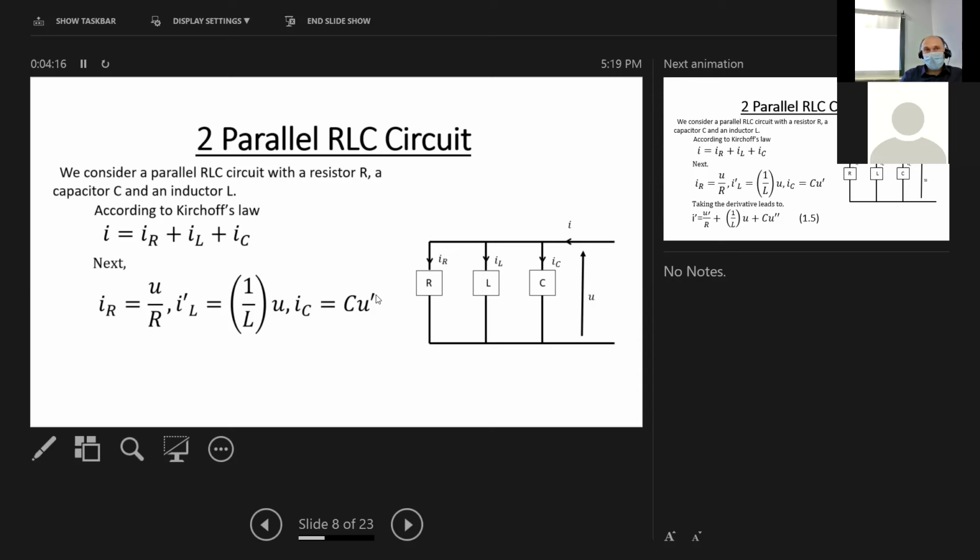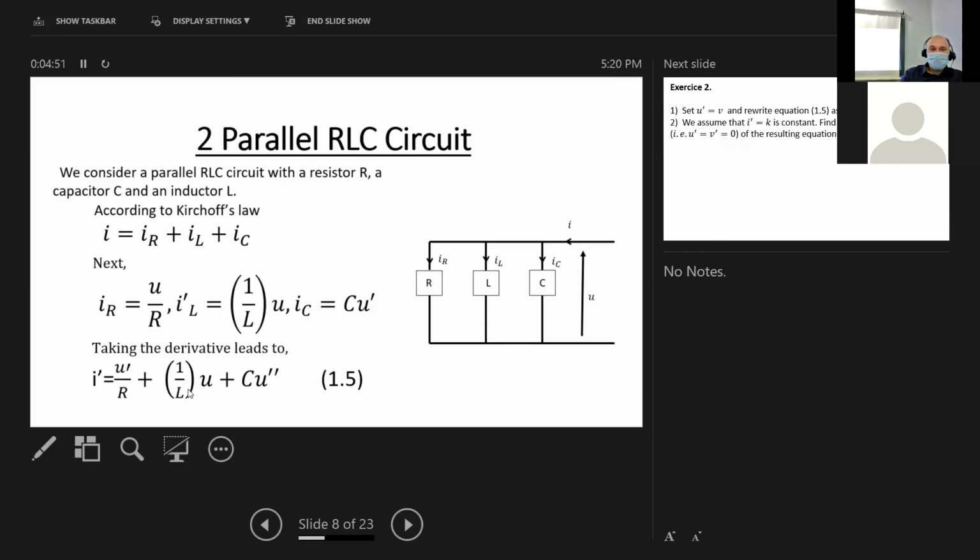Okay, now I'll let you just do this computation. You can take the derivative of this equation here. Oh, you don't see. Okay, they see, but you don't see. So for the first equation, if you take the derivative, you will have I prime equals IR prime plus IL prime plus IC prime.